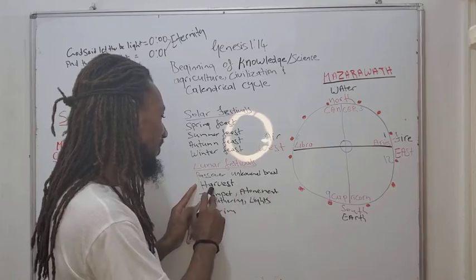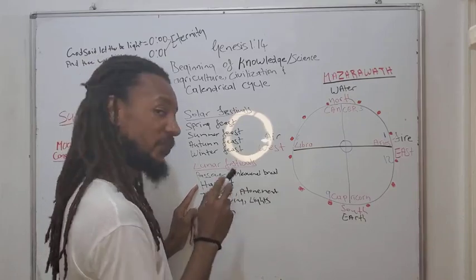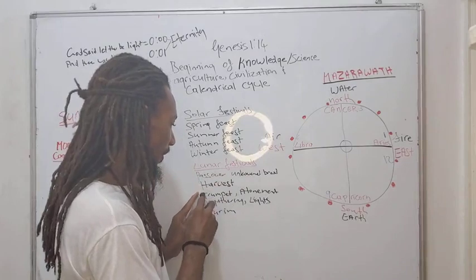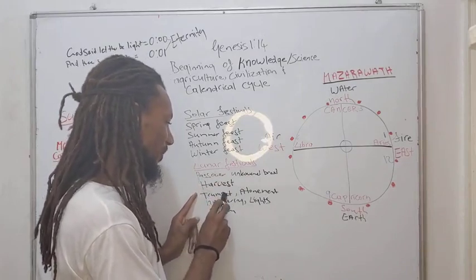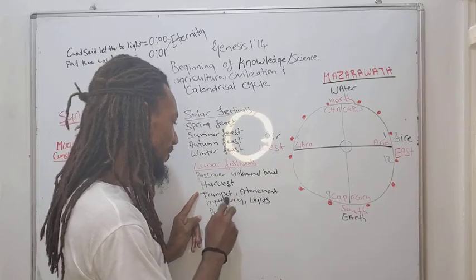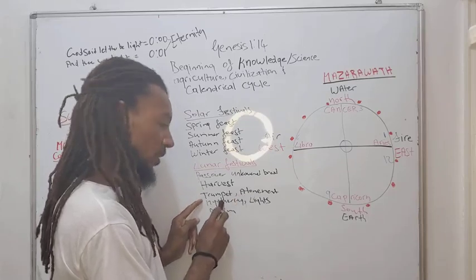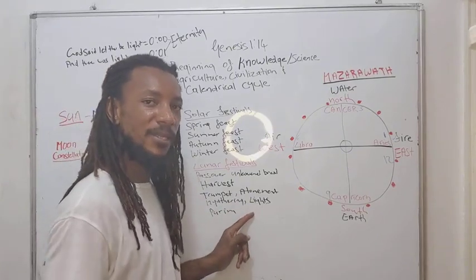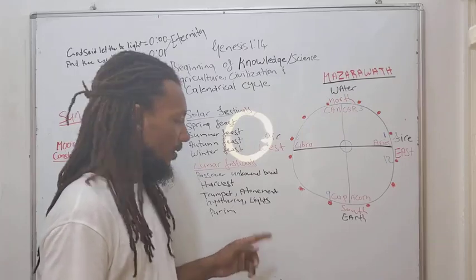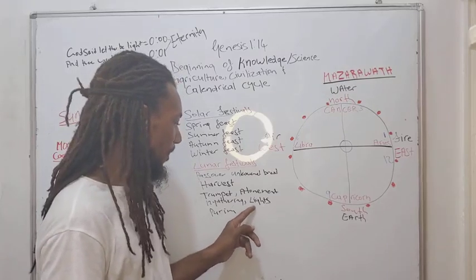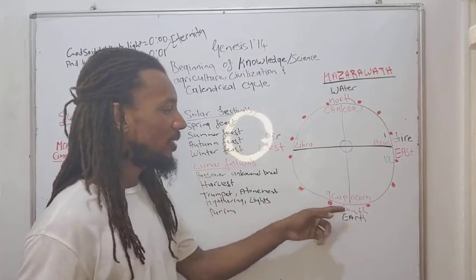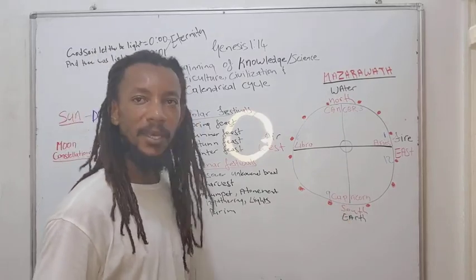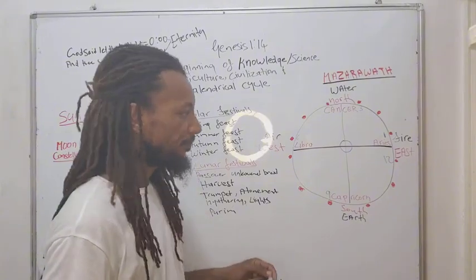In the summer you have the feast of harvest. This is very important. In the fall, you have the trumpet, the atonement, the ingathering, which is called the tabernacles, and you have the feast of lights, which is called the dedication or Hanukkah. This takes place in the ninth month. And then you have Purim, which is at the end of the year, right?